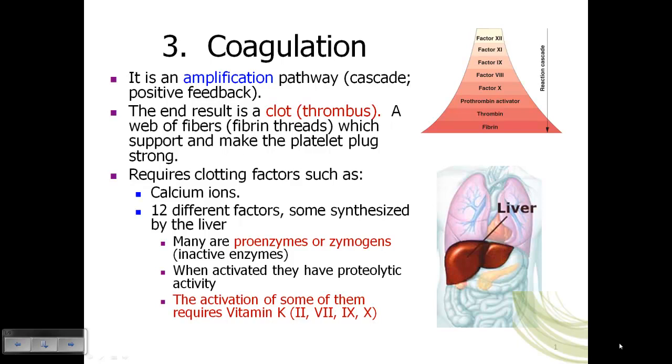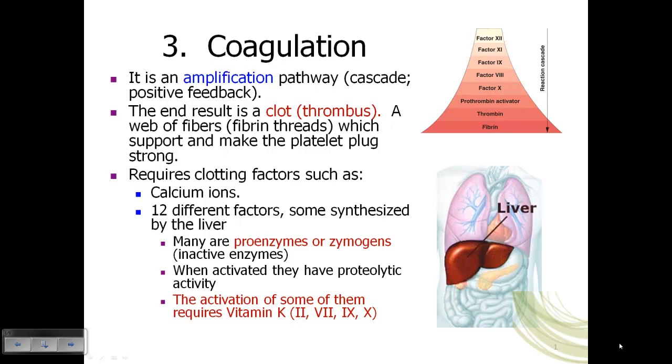And usually the enzymes that are made in this way will have a prefix of pro, or they will have a suffix. That means their name will end in ogen. When they're activated, then they drop either the pro or the ogen part. For example, factor 2 is prothrombin. When it's activated, we just call it thrombin.